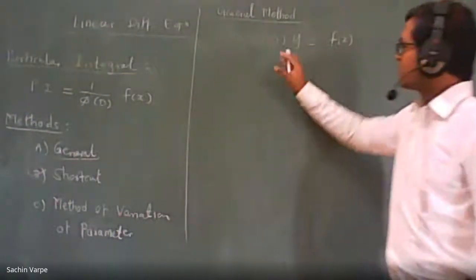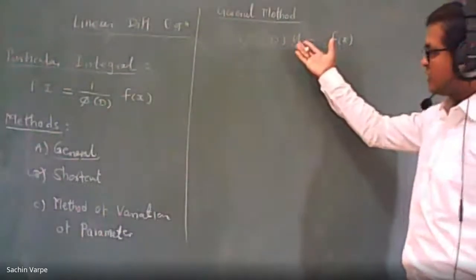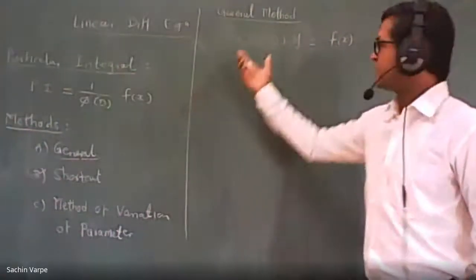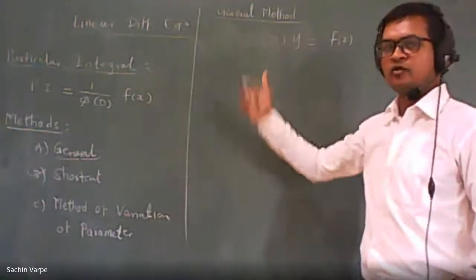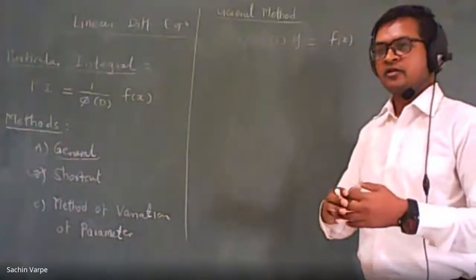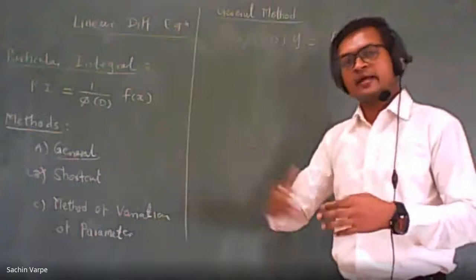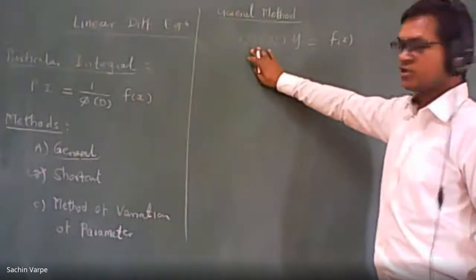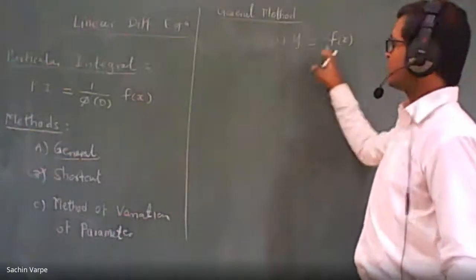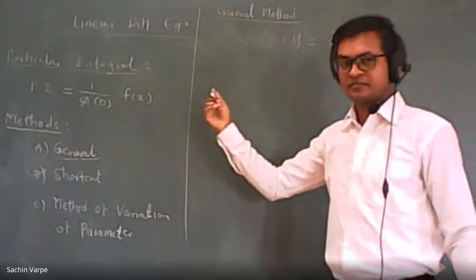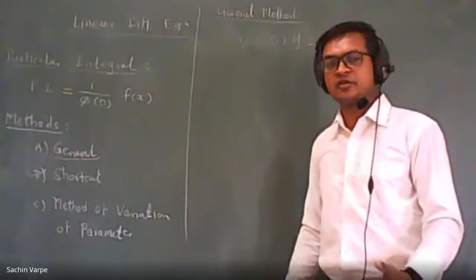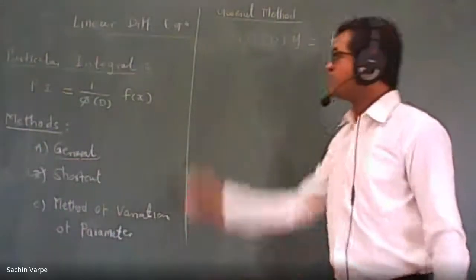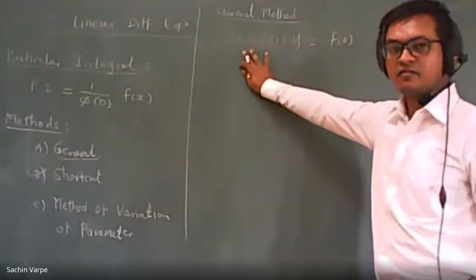Now, for convenience and for the formula, let us restrict phi of D to first order only. Then we will extend to second order, third order, and then nth order. If this differential equation is of order 1, that is, a linear differential equation of first order, first degree, how many roots will it have?